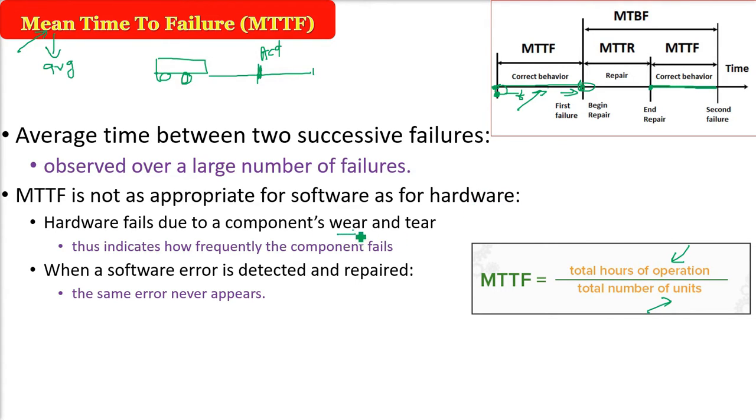There are many more inputs to its failure. Every hardware has to fail sometime. There is no immortality. So this indicates how frequently the component fails. If some component fails, your system will fail. But when a software error is detected and repaired, it is not always possible to see that error again. It may never reappear.